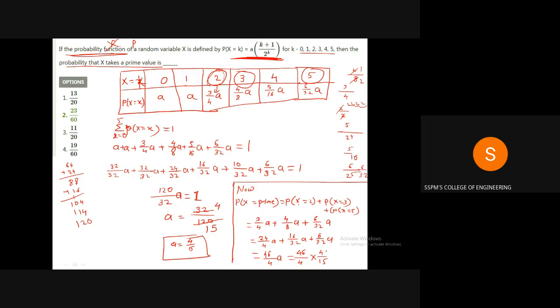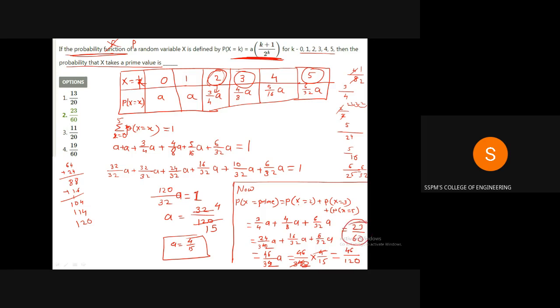So it will get cancelled. Sorry, it is 32a. So 46 divided by 120, which is equal to 23 divided by 60 when divided by 2.